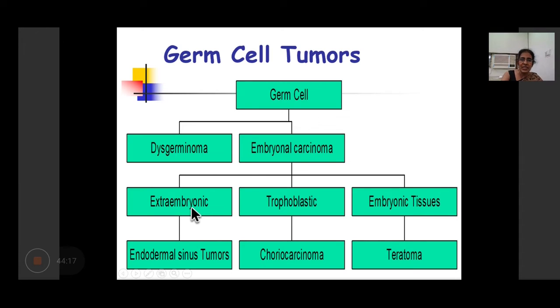Those which show differentiation towards yolk sac elements are called the yolk sac tumor or endodermal sinus tumor. The tumors which show cells resembling syncytiotrophoblastic and cytotrophoblastic cells are called the choriocarcinoma, and the tumors which show formation of mature or immature tissues of all the three germ layers, mesoderm, endoderm, and ectoderm, are called the teratoma. Clear?